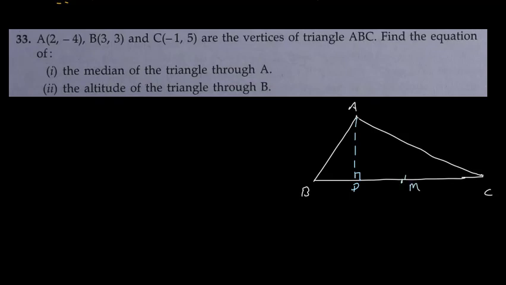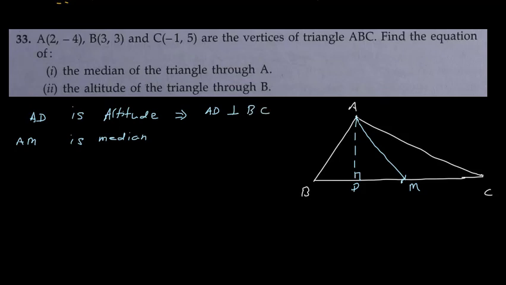Say M is the midpoint, so I will join AM. So here AD is altitude and AM is median. AD is altitude, that means AD is perpendicular to BC, and AM is median, this implies that M is midpoint.